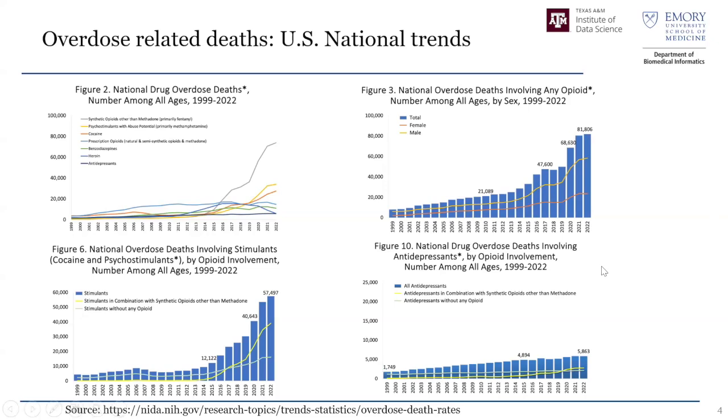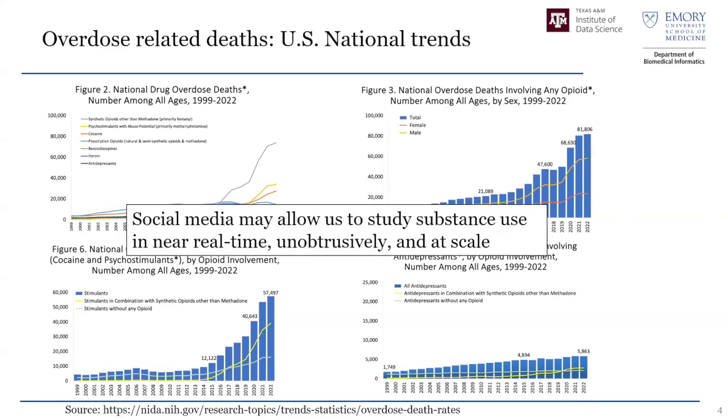So with the growing problem of substance use and substance-related overdose deaths and the limitations we have in surveillance, specifically this lag, there is a strong motivation to identify newer and more innovative sources of surveillance that can complement these traditional sources.